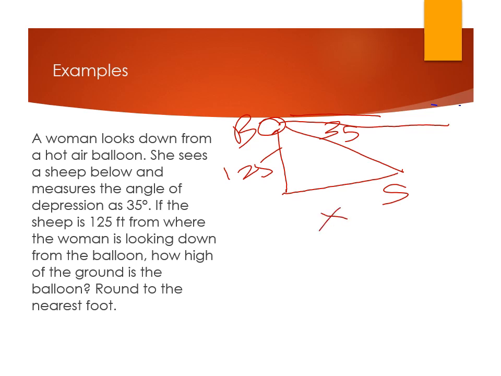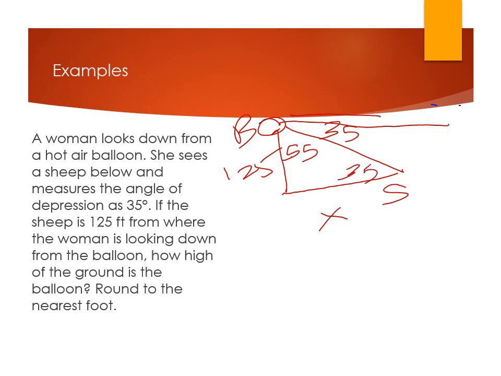Okay. Now, that angle of depression, okay, is not inside our triangle, but this angle is 90 minus 35, which is 55. Okay. Or we could use the fact that they're parallel, and this would be 35. So you can use either.